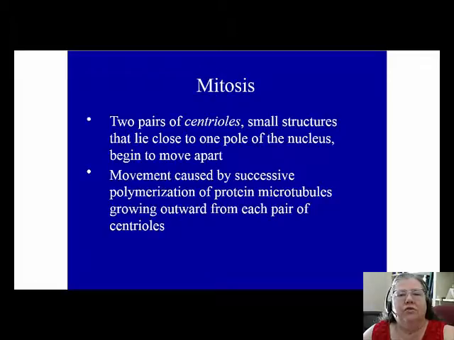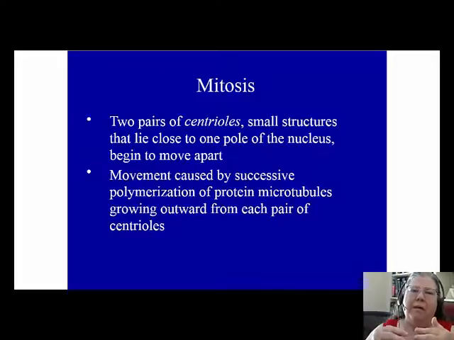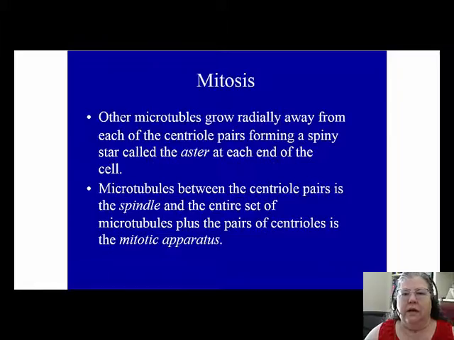And then structures located near the pole of the nucleus, called centrioles, start to move apart by polymerization of microtubules. We talked earlier about protein microtubules. They grow apart, pulling the centrioles apart.